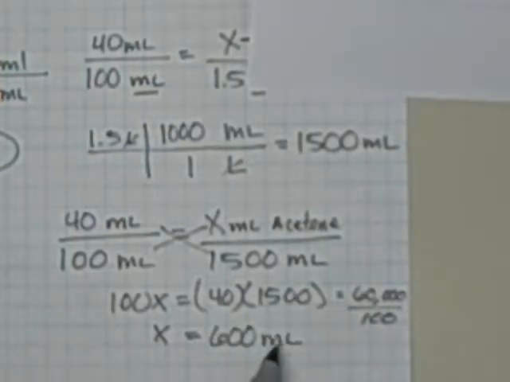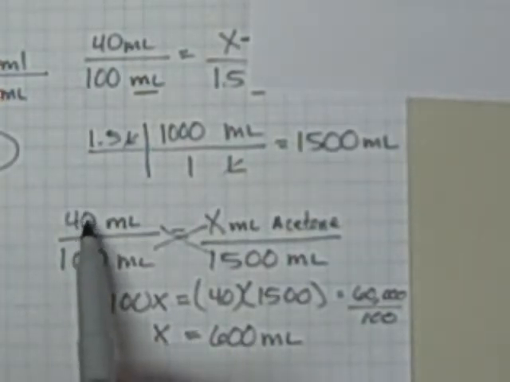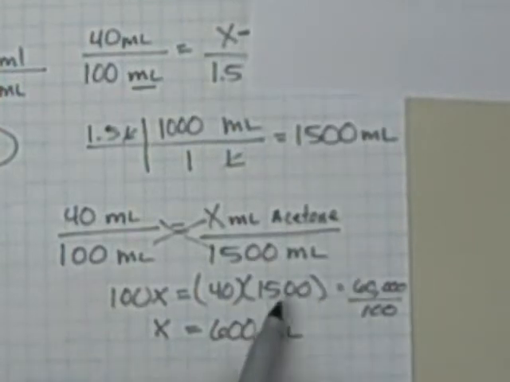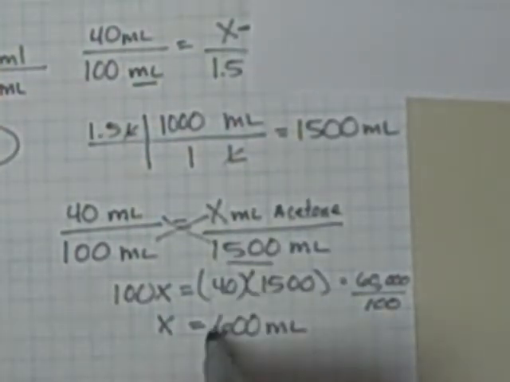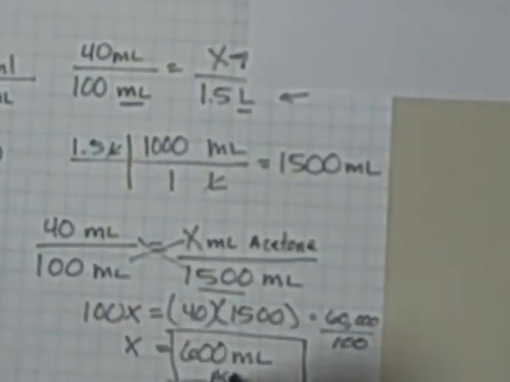And I can do a quick look and say, okay, if I needed 40 to make 100 milliliters, then I would need 400 to make 1,000. A little bit more than that, or half more, would be what I need to make 1,500. So my answer here is 600 milliliters acetone.